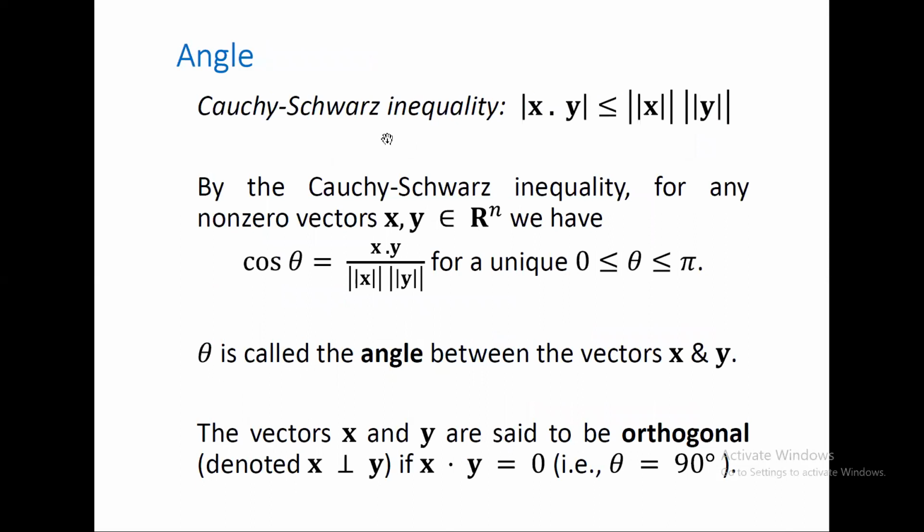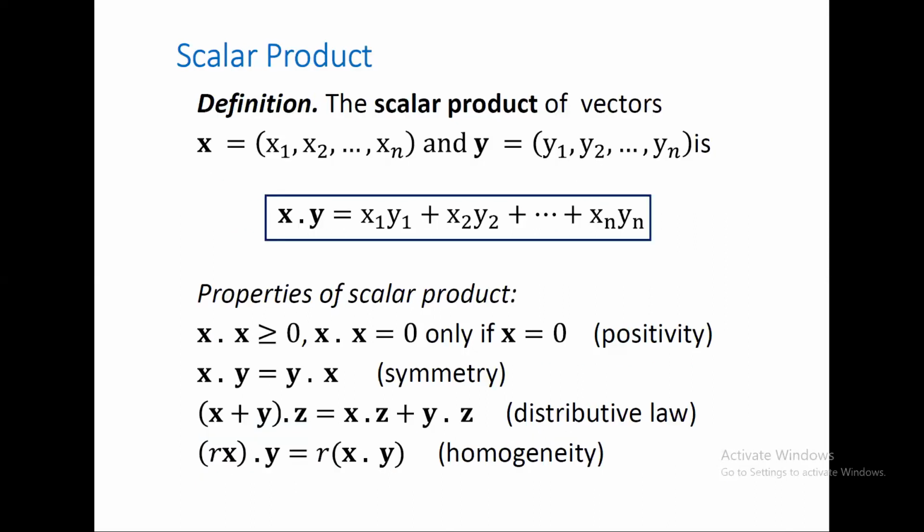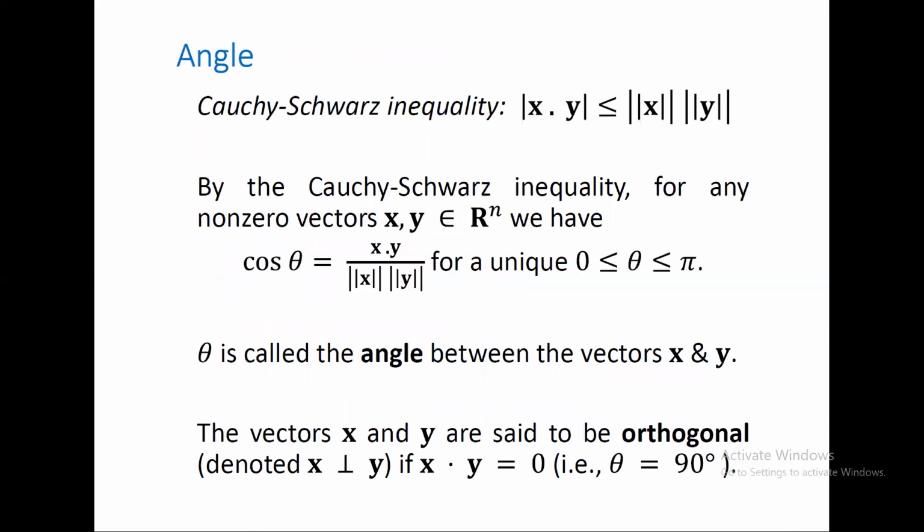Then we have this inequality which is known as the Cauchy-Schwarz inequality, that is written as the modulus of x dot y is always less than or equal to the multiplication of the lengths of each of those vectors x and y, and that is represented by the equation cos theta is equal to x dot y divided by the length of x times the length of y, for a unique theta with 0 less than or equal to theta less than or equal to pi.